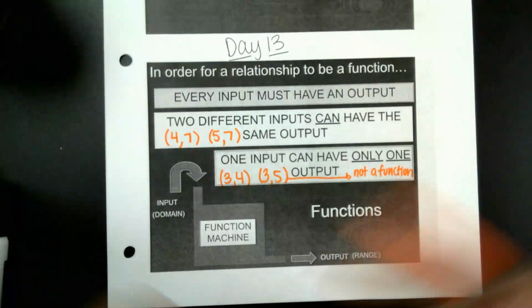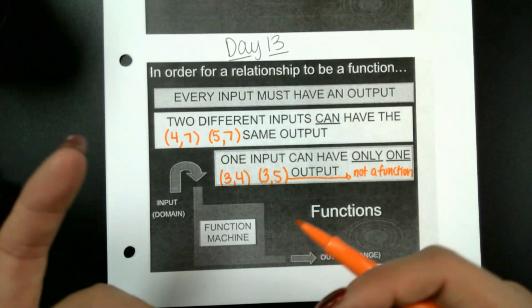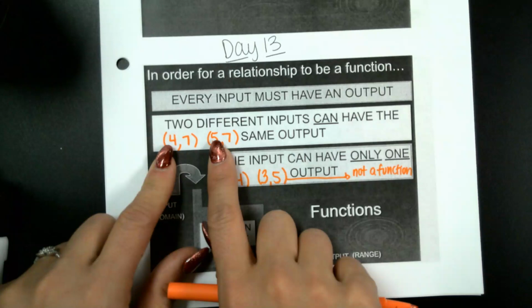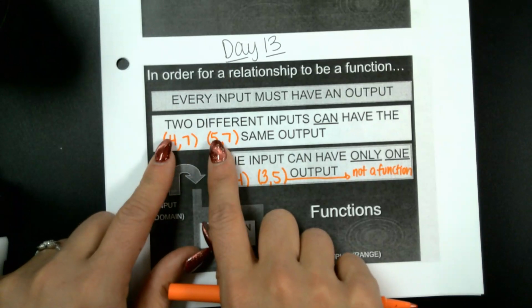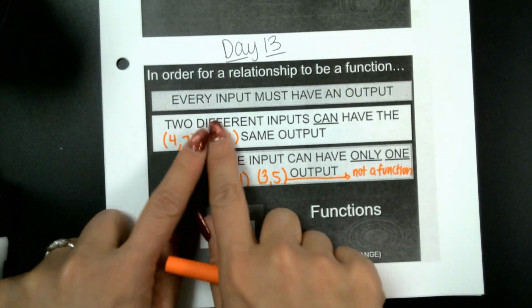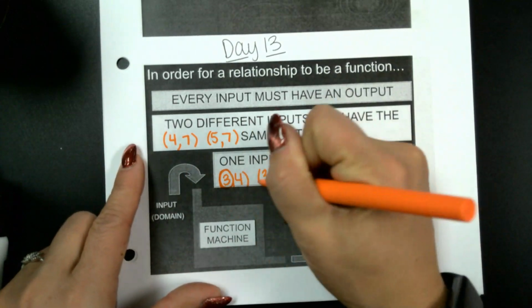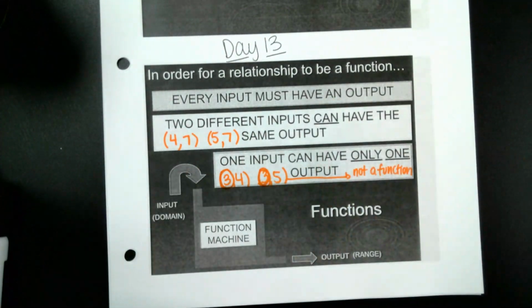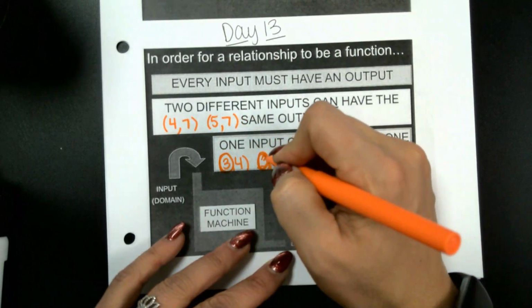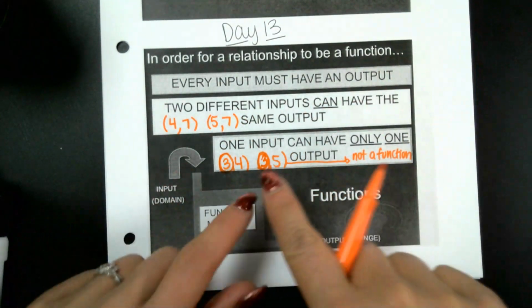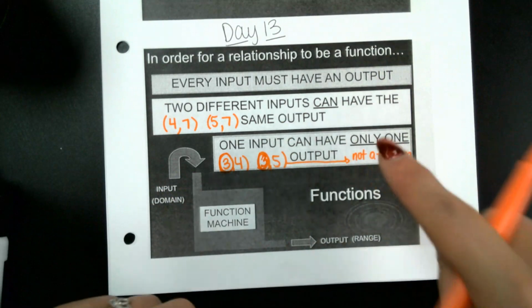You're not allowed to get two different answers if you just plug one number in. Up here, I plugged in two different inputs. They are two different numbers and they gave me the same answer, but that's fine. It's all about those x values. It's all about the inputs. If you have the same input getting two different outputs, it makes it not a function.